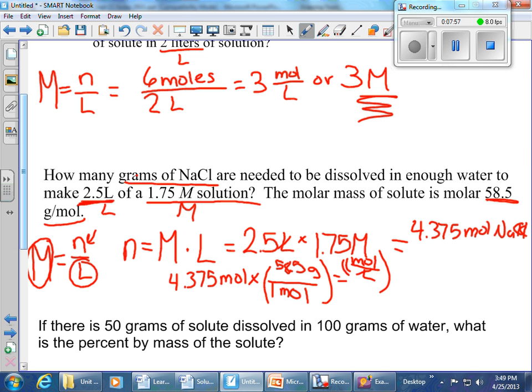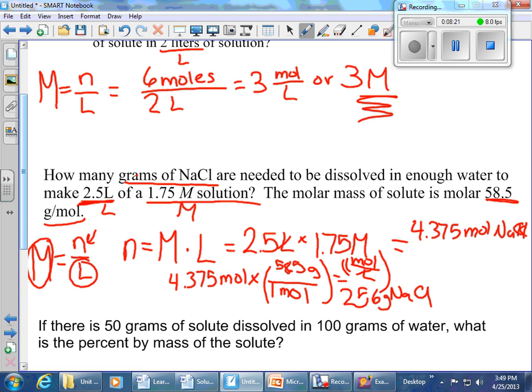And I'm going to get how many grams I have. So I'm going to get 256 grams of NaCl in that solution. When I make that solution, I make 250 milliliters of it. I'm going to put 256 grams of sodium chloride in it.